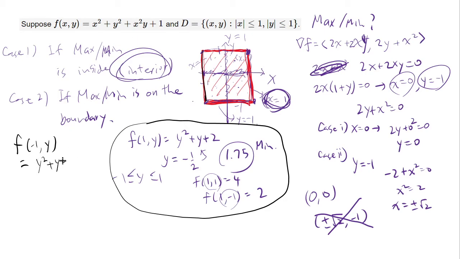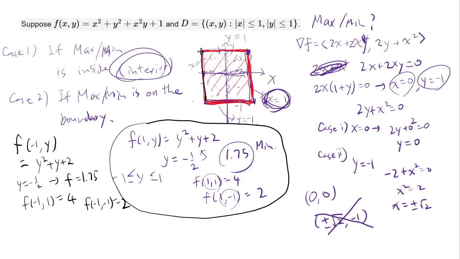So in this case, you would get again at y equals -1/2, f would be 1.75, and at (-1, 1) you're going to get 4, f(-1, -1) you're going to get 2.